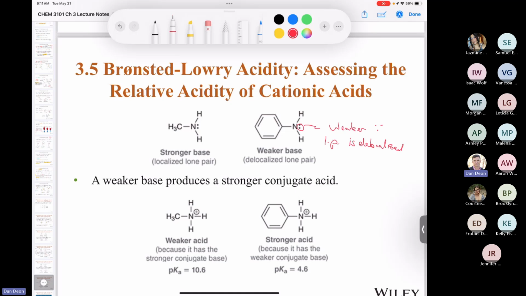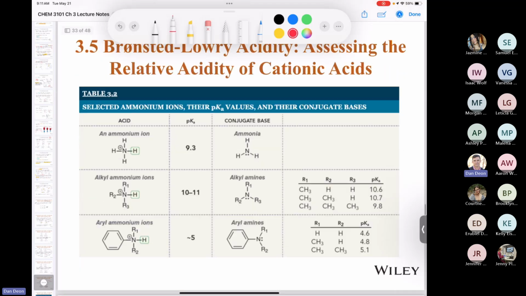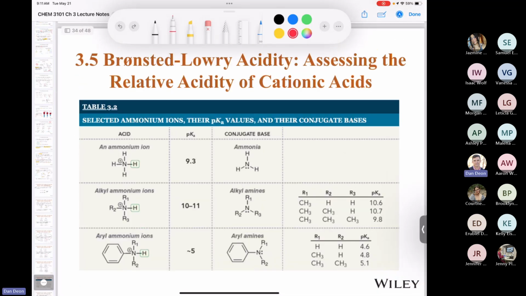And if you want to put in brackets resonance, if that helps, that might help you get through it. Now, if you look at the pKa's, you can clearly see this is a pKa of around 5, this is around 11. So yes, the arylamine is definitely going to be a weaker base because it produces a stronger cationic acid.